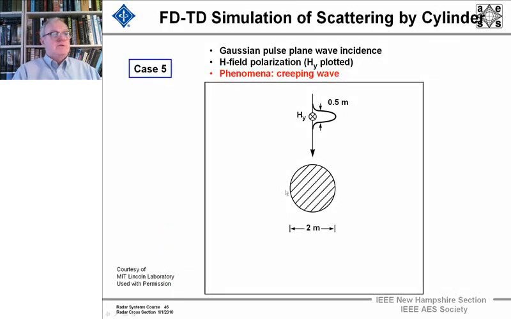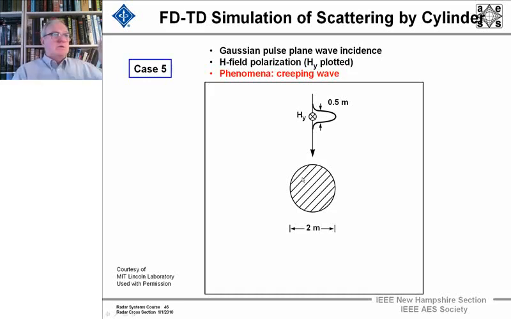This example is of a cylinder, and it's a two-dimensional example, but it'll show you the phenomenology of that oscillating cross-section of the sphere that I showed you.